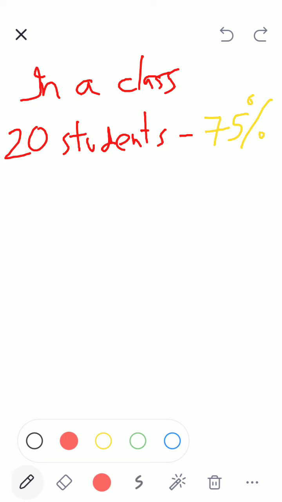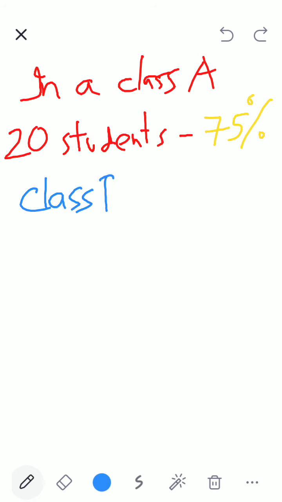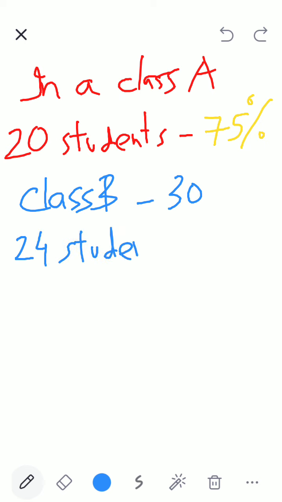This is class A. In class B, I'll do with different color. In class B, total students are 30. 24 students, they got 75% and above.